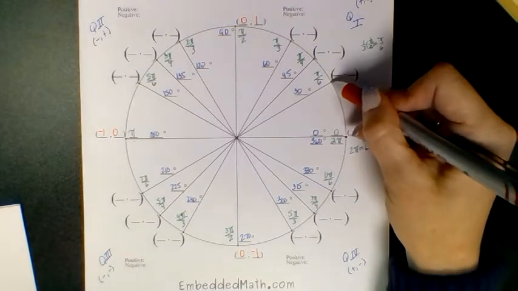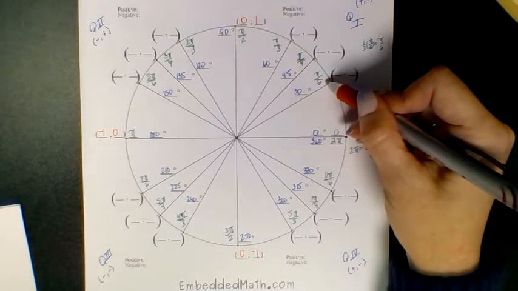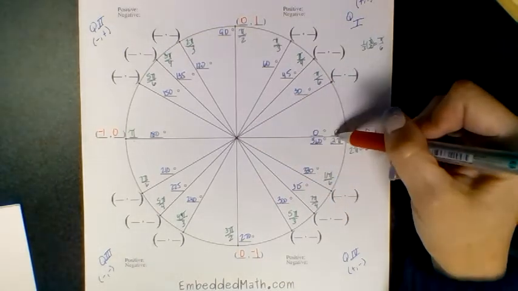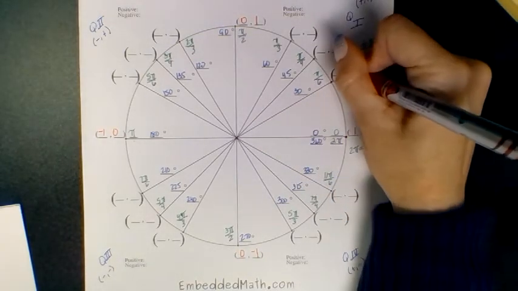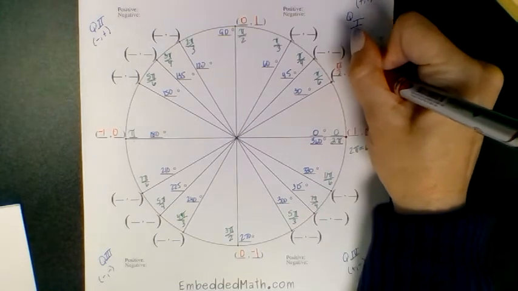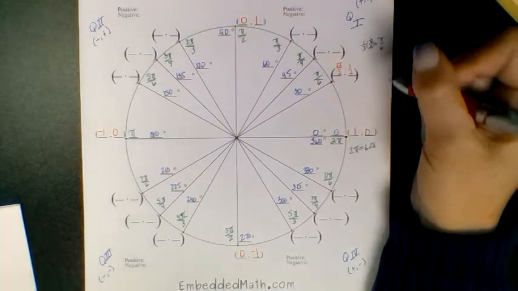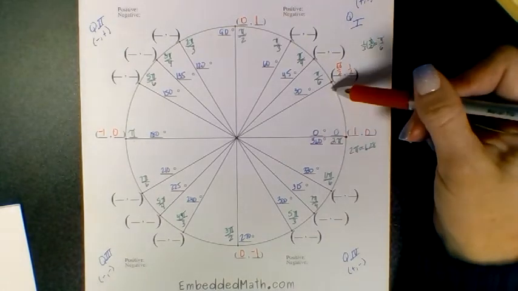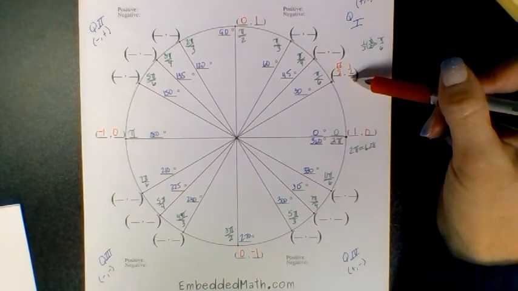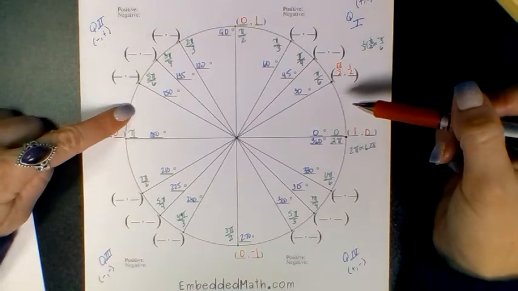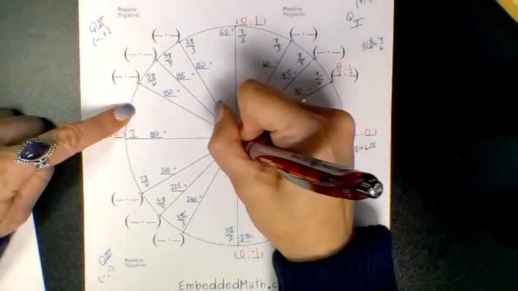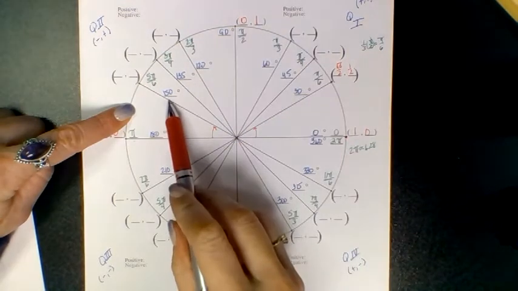So for the 30 degree angle, or pi sixth, which is 30 degrees from the x-axis, the x-coordinate is longer than the y-coordinate. We've got square root 3 over 2, 1/2 as my coordinates. So for each angle on my unit circle that is 30 degrees away from the x-axis, that's my pair of coordinates.